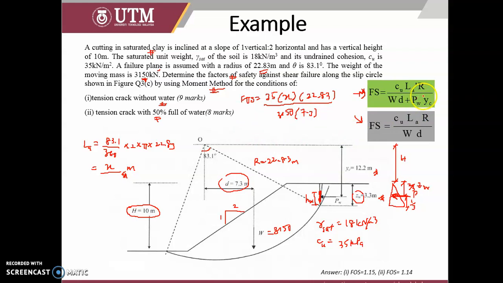So similarly, we need to calculate for the tension crack, but with 50% of full water. Knowing that the pressure of water is only 50%, so half gamma water, maybe we can use 10, or in detail we can use 9.81 kilonewton per meter cube. The height of water now is only 50%, so half of 3.3 to the power of 2. So we can get the pressure of water.